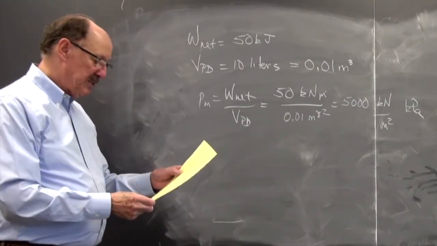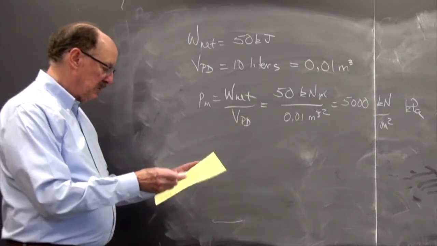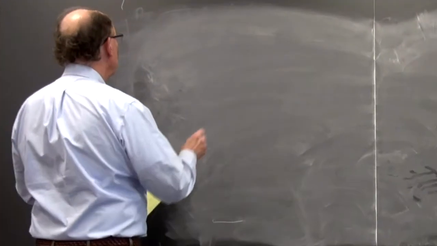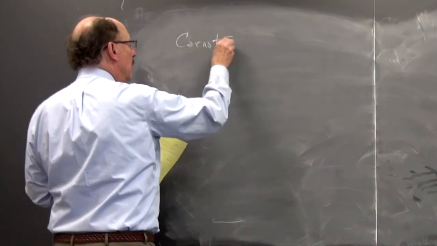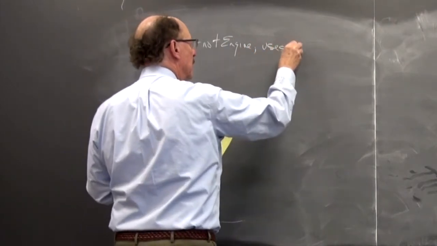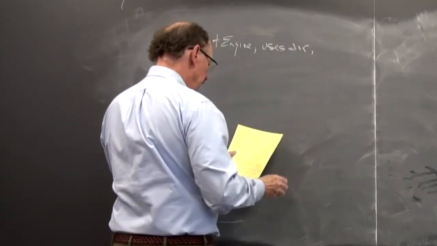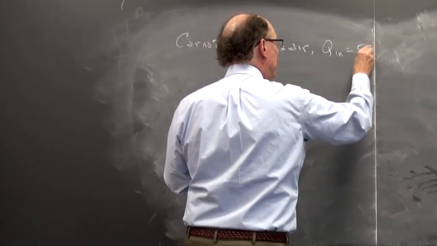Let's do another example and see what this looks like. We're going to have a Carnot engine that uses air. Q in is 53 kilojoules.